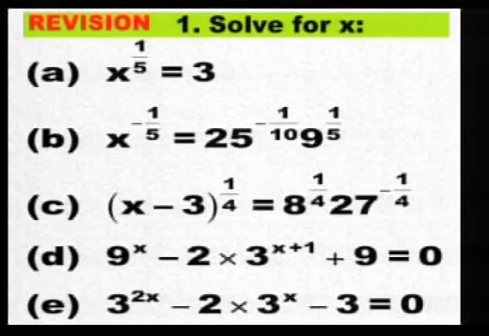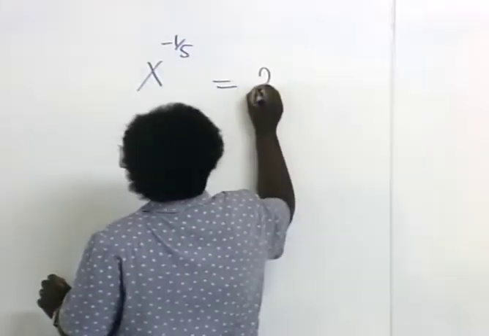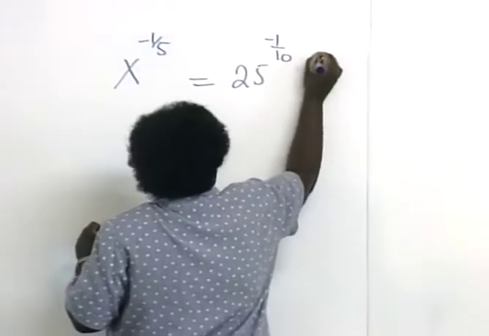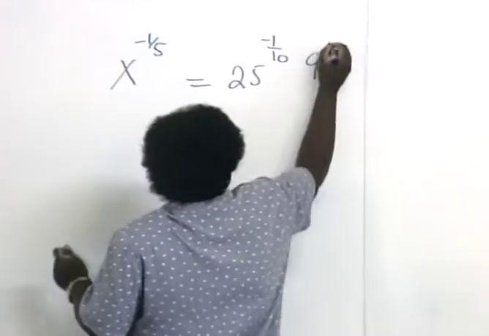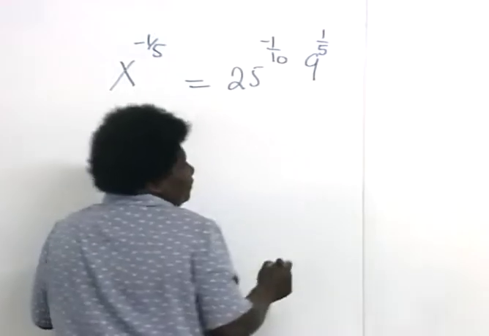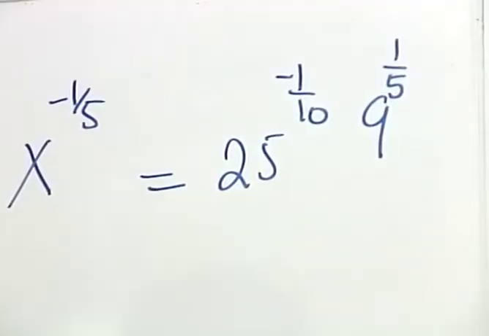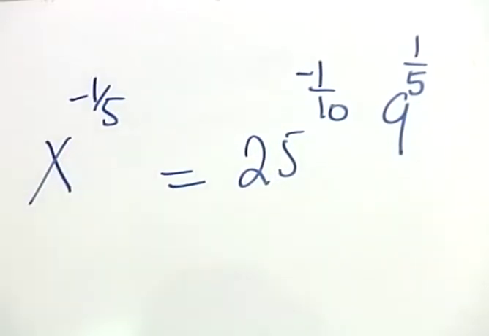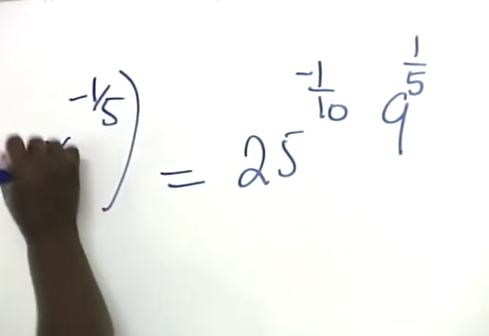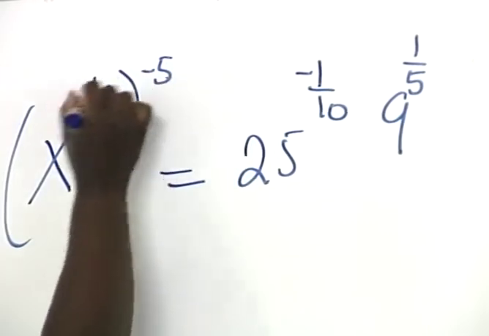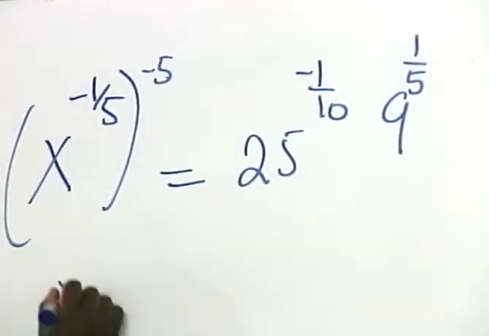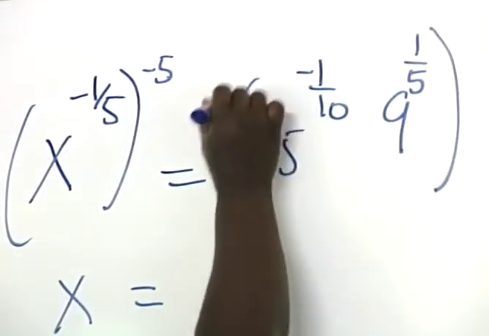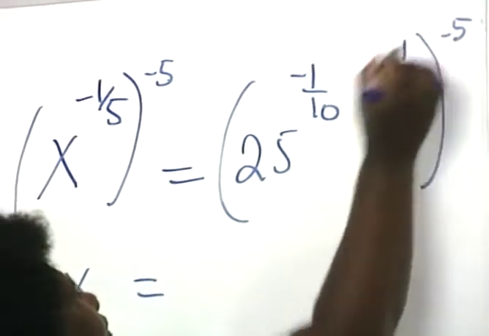Okay, x to the power of negative 1/5 is equal to 25 to the power of negative 1 on 10 multiplied by 9 to the power of 1/5. Okay, to find x, you have to raise this number to the power of the reciprocal of negative 1 on 5. So you have to raise it to negative 5. Okay, negative 5 times negative 1/5 will give us 1, so x to the power of 1. You have to do the same here. It's negative 5.